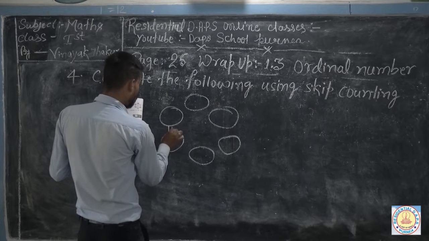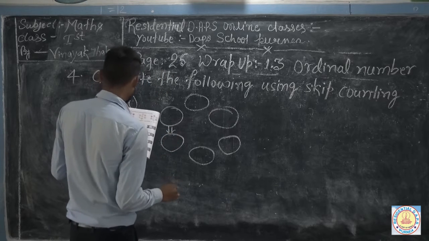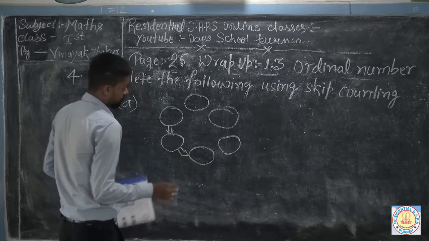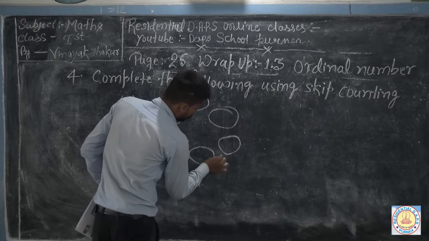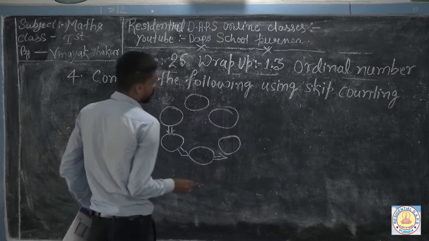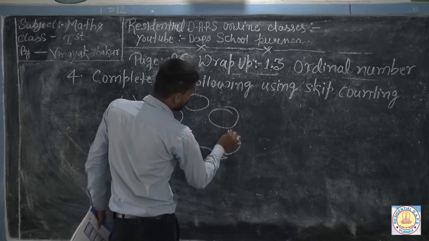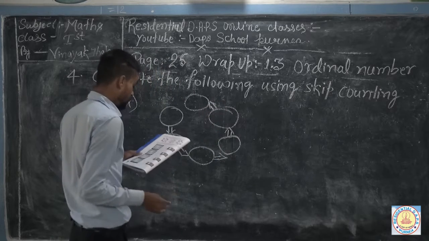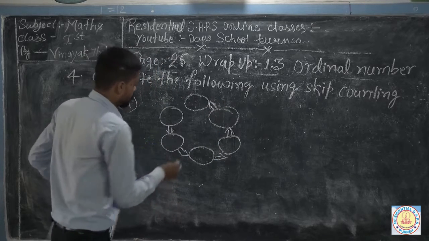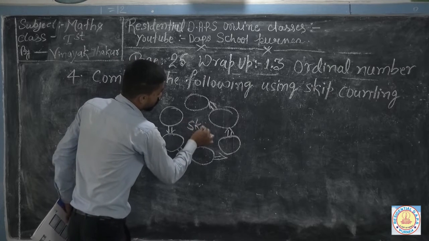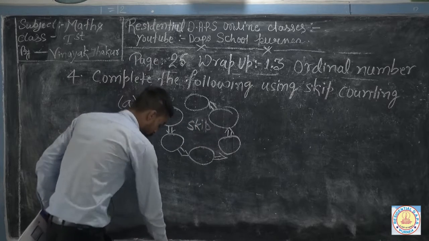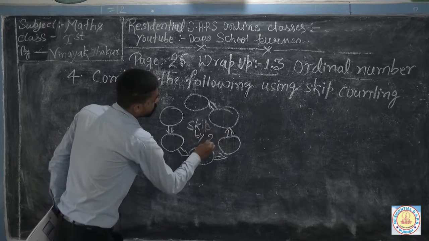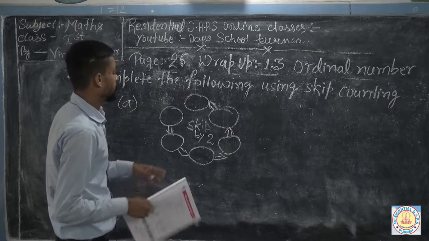So 12 is, then 14, then what up next, then what, and then what. So guys, you can see on your notebook that you have to just count in 2.